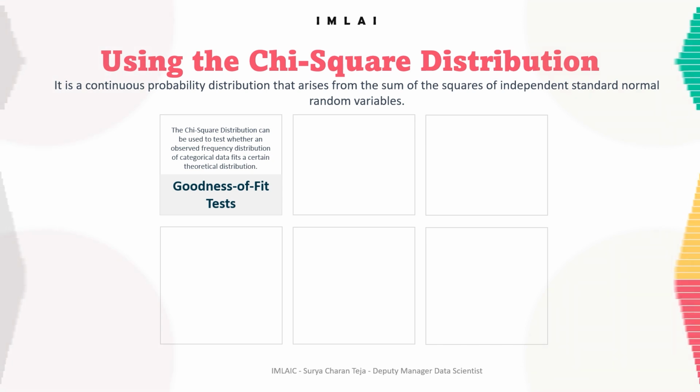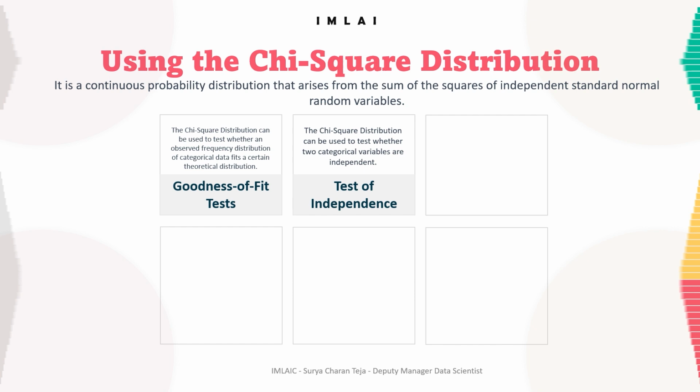This is known as a goodness of fit test. Then the test of independence: the chi-square distribution can be used to test whether two categorical variables are independent. This is known as a test of independence.